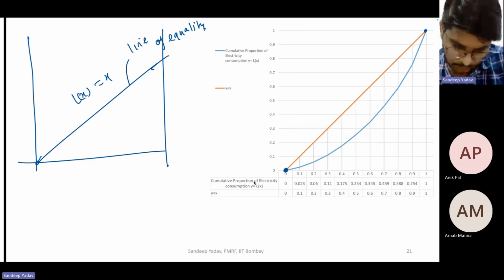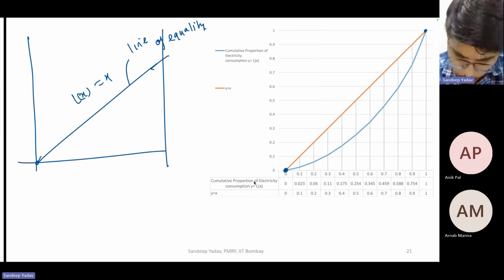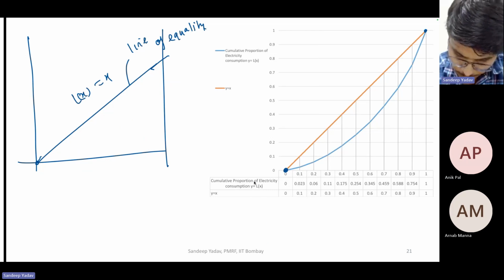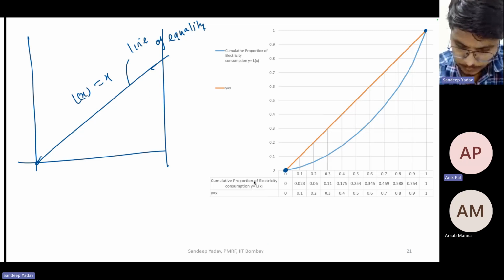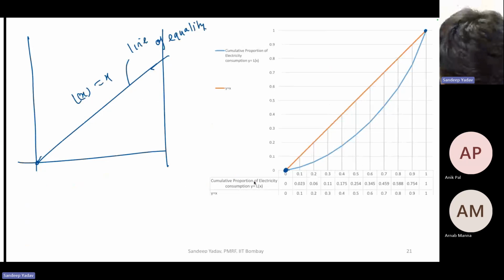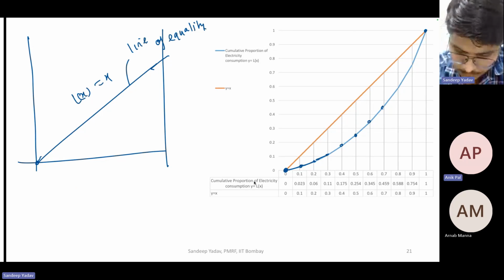Yes. 0.1 represents a 0.023 value, and 0.2 represents a value of 0.06. So if you draw this, ideally this graph will pass through this point, this point. These are the points that you can see here.